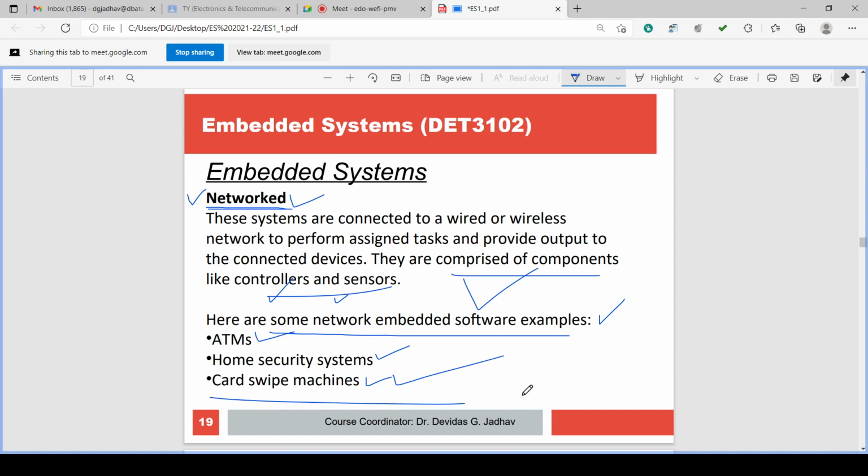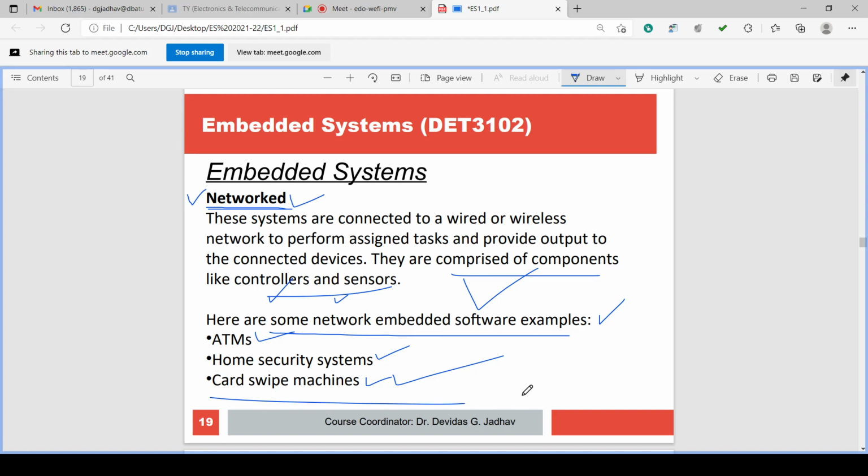All these are networked because the data should be exchanged among the nodes locally and the server. Always the data is exchanged among the local node and the servers.